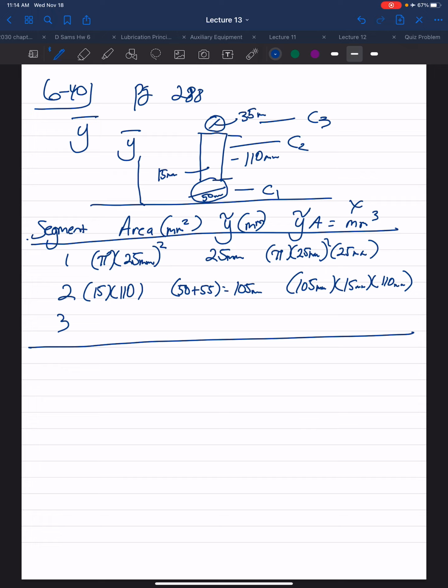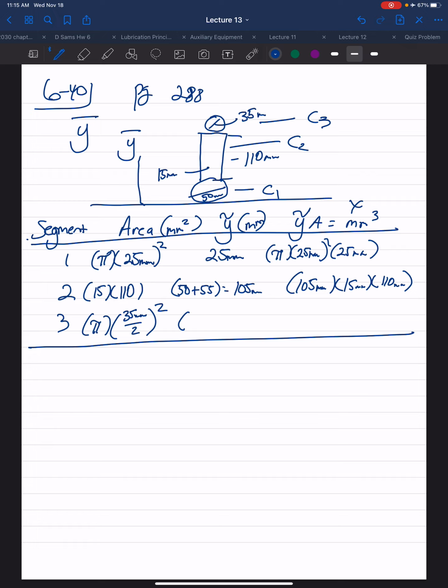Last but not least, the small circle at the top, the area is pi times r, which is 35 millimeters over 2, diameter divided by 2, squared. The coordinate of the centroid in the y direction of segment 3 will be the 50 millimeter diameter plus the 110 millimeter length gives you 160, plus half of the 35.